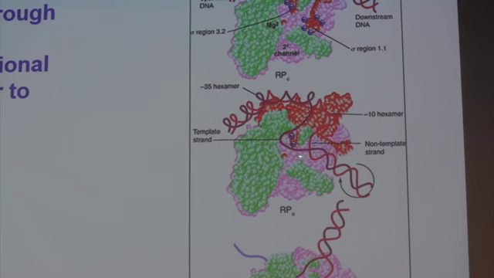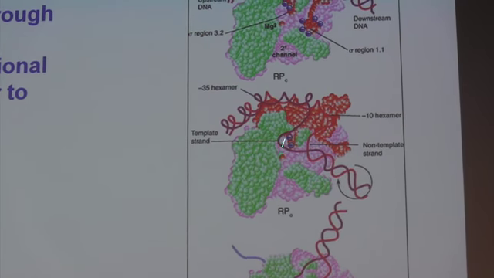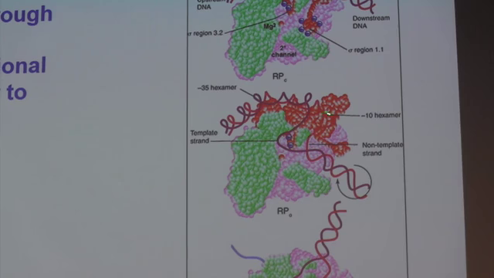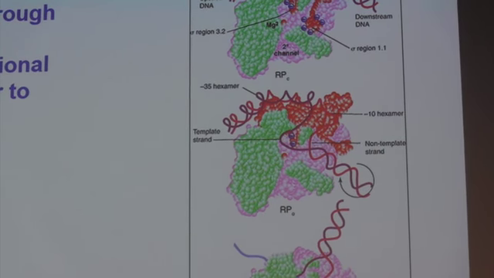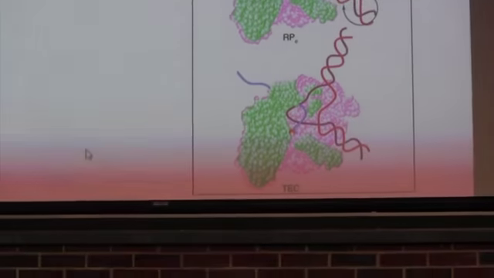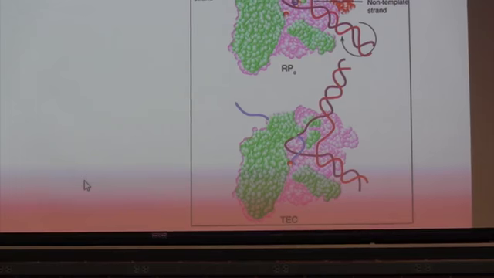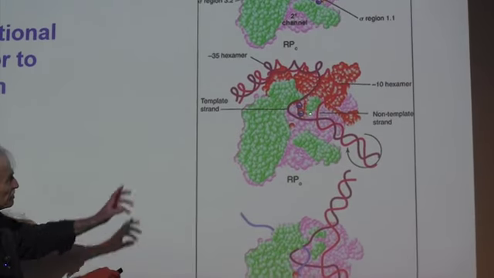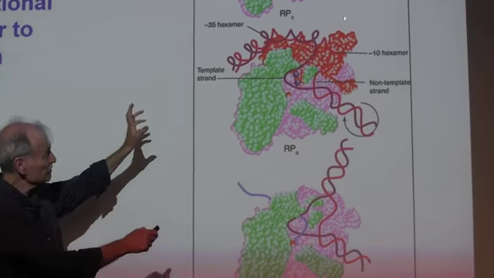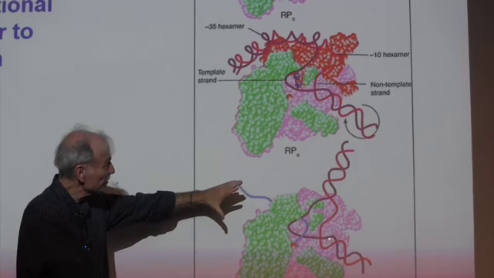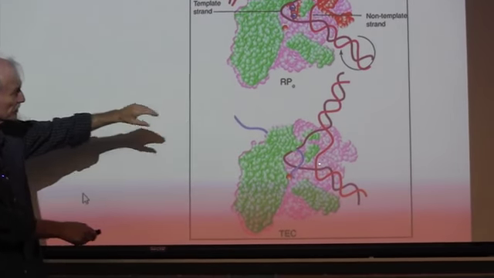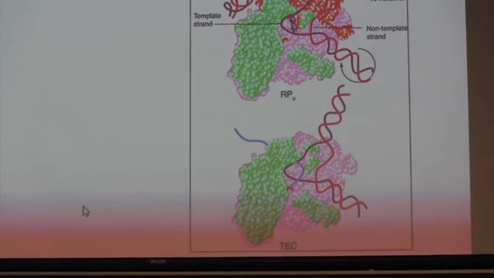The template strand remains attached to the wall, and the non-template strand gets displaced. Here you see it here also. And so when sigma leaves, because this is an open promoter complex now and sigma is getting ready to leave, the jaws clamp down a little more.